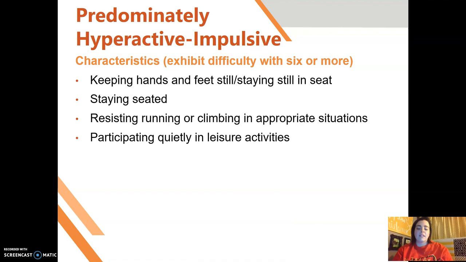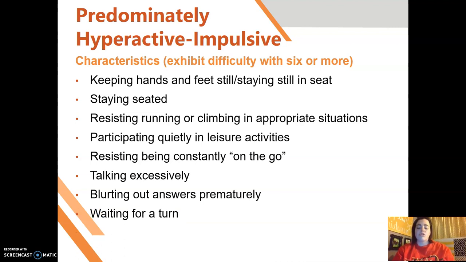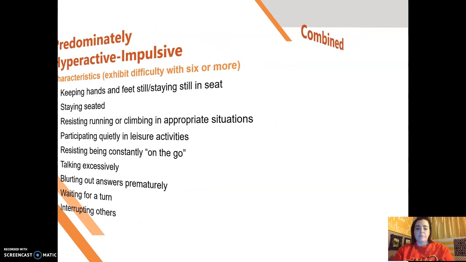Participating quietly in leisure activities, you struggle with these kinds of things. You struggle resisting being constantly on the go. You talk a lot. You blurt out answers prematurely. You struggle with waiting for your turn. And you struggle with interrupting others.